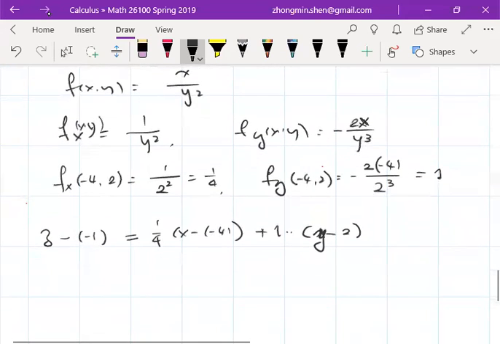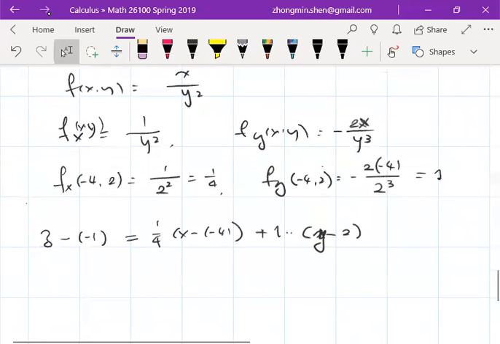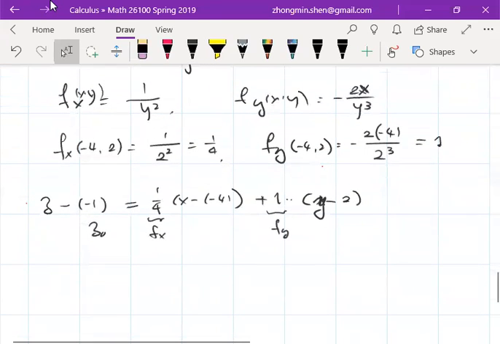So this is the equation. This is z naught, this is a partial derivative, that's a partial derivative, right? So simplify. x plus 4 and the y minus 2.